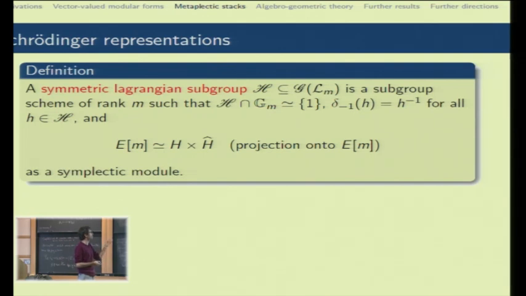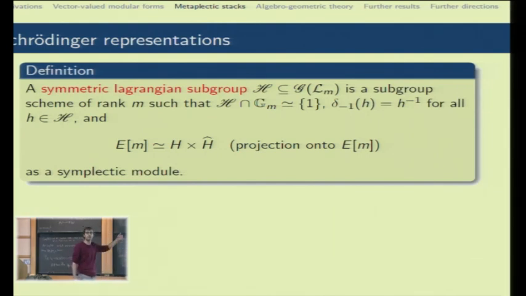The projection of script H is H, a capital H, and they decompose E[m]. So that's an extra condition that I need to impose. And not only that, but I also require some kind of compatibility with my involution delta_{-1}. What I require is that for my symmetric Lagrangian subgroup, the involution acts as the standard involution.